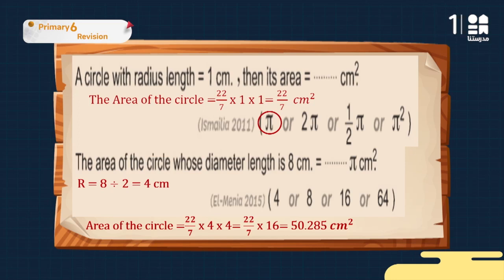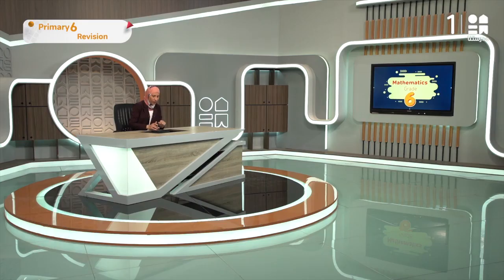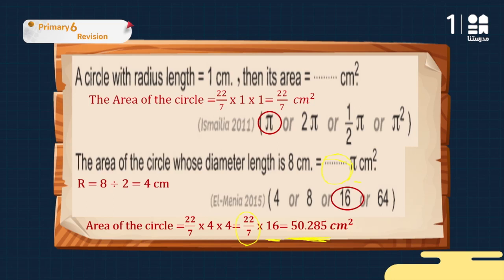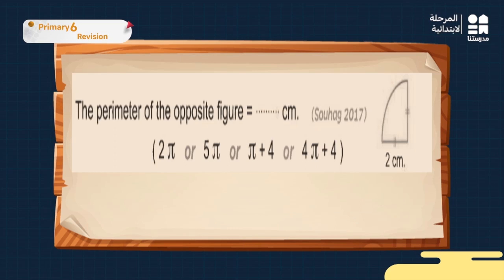So it gives you 50.285 centimeters square. Here it says the answer is a number times pi, square centimeters. So here I have pi times 16, so I can choose 16. Okay? So 16 times pi gives me the area of it, which is 50.285.